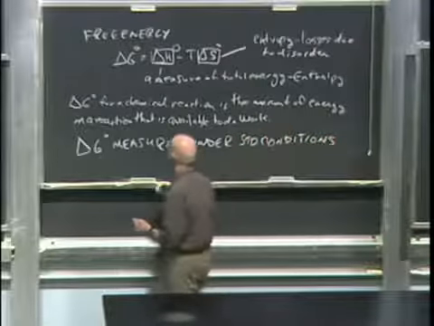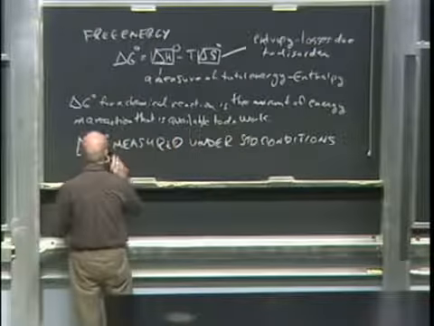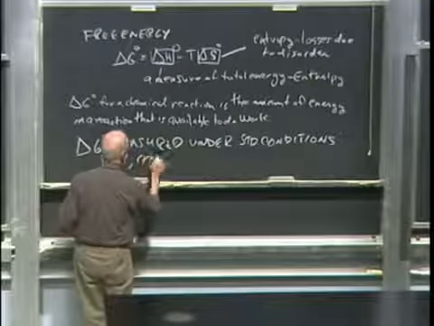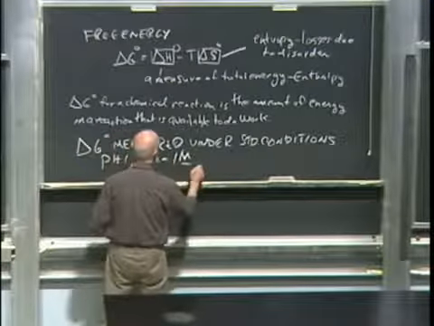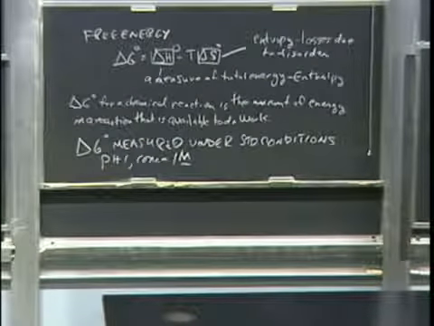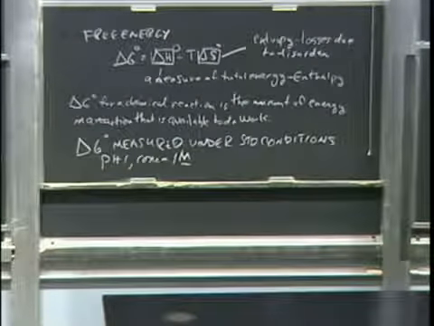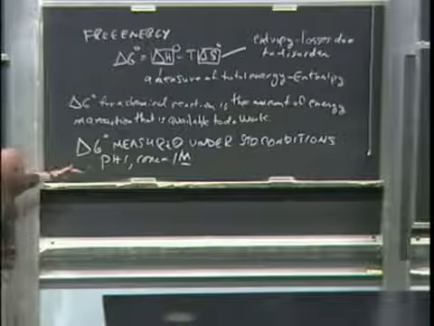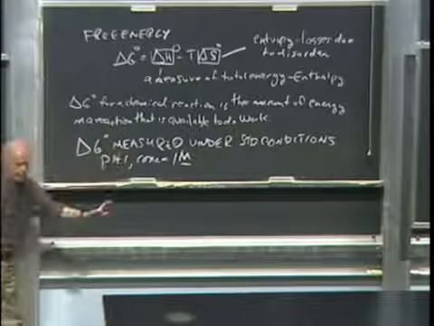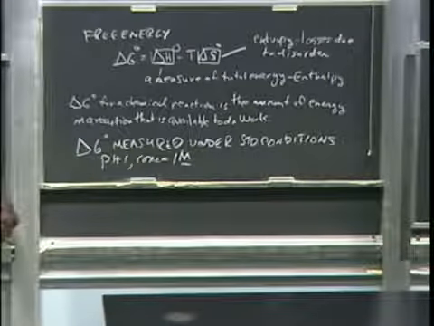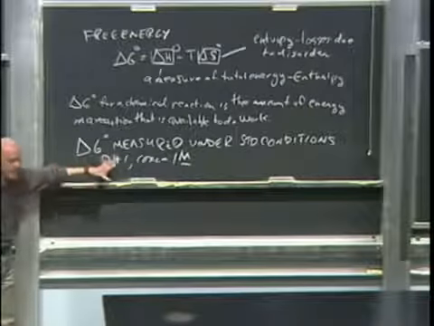For example, the pH may be 1, or the concentrations are generally 1 molar, something like that. They're very arbitrary conditions that don't relate directly to biological systems. But they do allow delta G0s for various different chemical reactions to be compared to each other if everybody measures them under standard conditions.